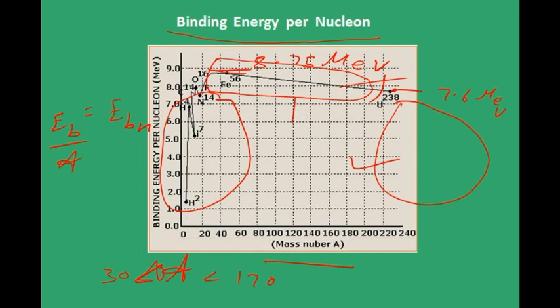Now, why is it not changing much there? Let me give you the explanation. See, the binding energy per nucleon is influenced by how many nucleons are surrounding that particular nucleon. So you have a nucleon here. It has something called the short range force. Short range nuclear force is one of the four basic kinds of forces, and it has a very short range.